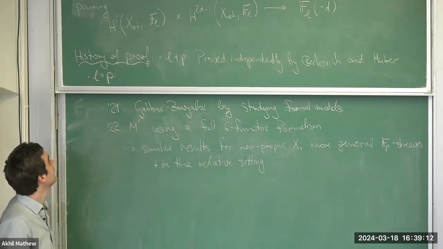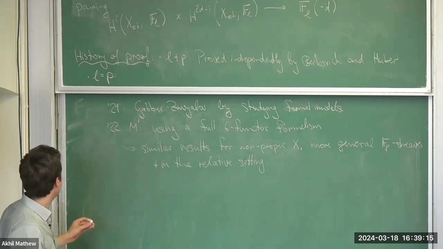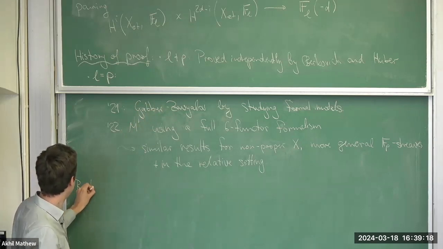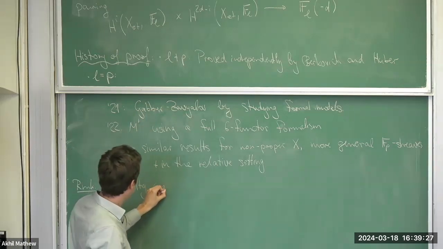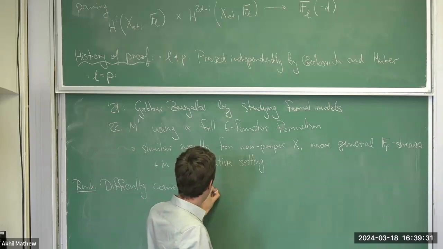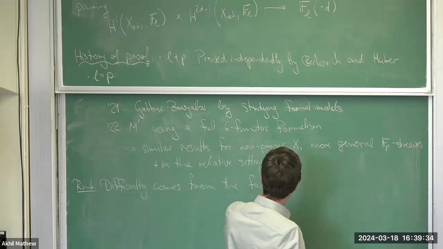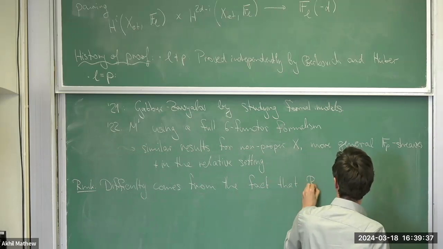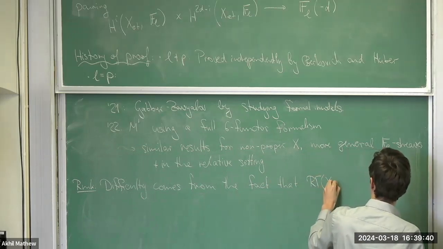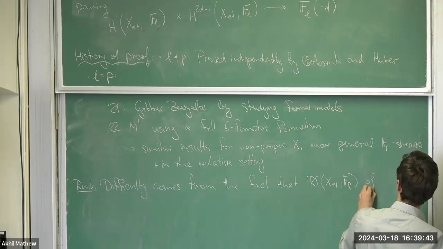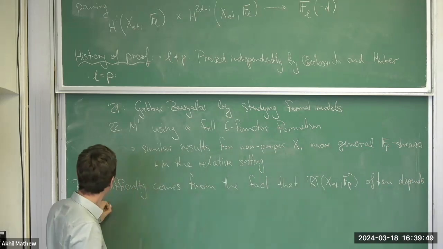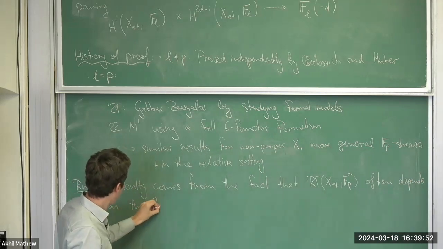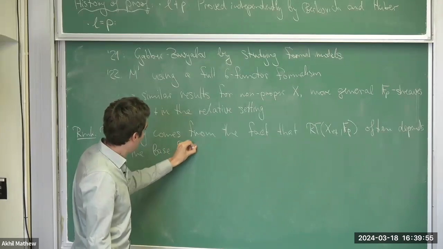Let me make one remark on why this is complicated compared to the other cases. It comes from the fact that the cohomology with coefficients in F_p often depends on the base field.